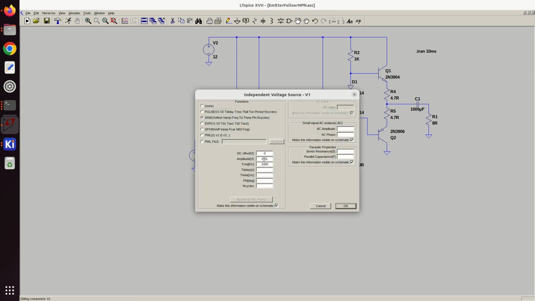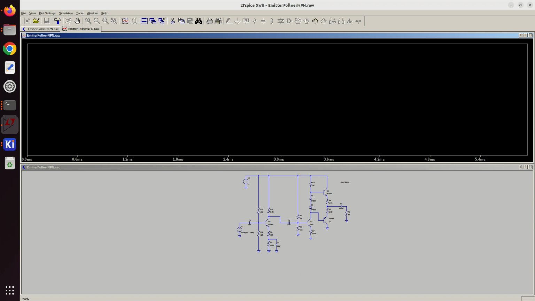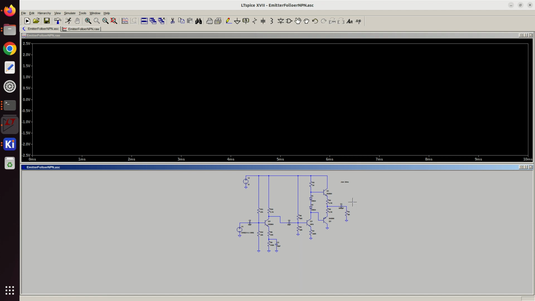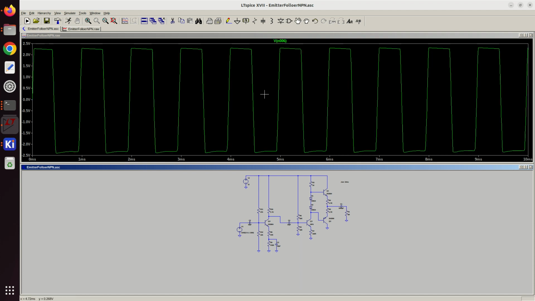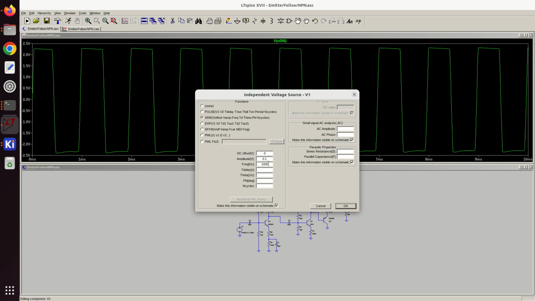So if we start to, let's say, make this, and I'm pretty sure this. I just want to find the point just before it starts clipping. Okay, so it's well clipping there. So 0.05.